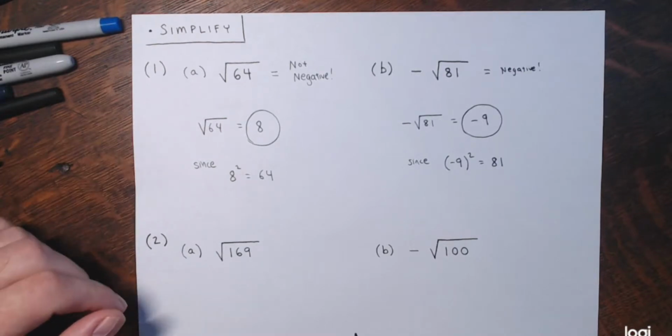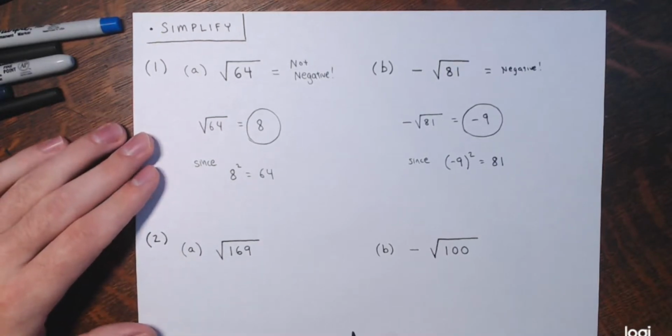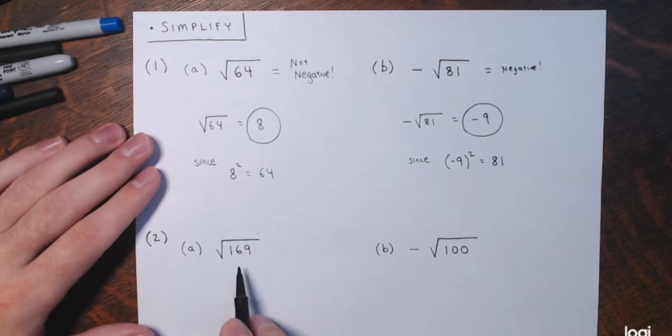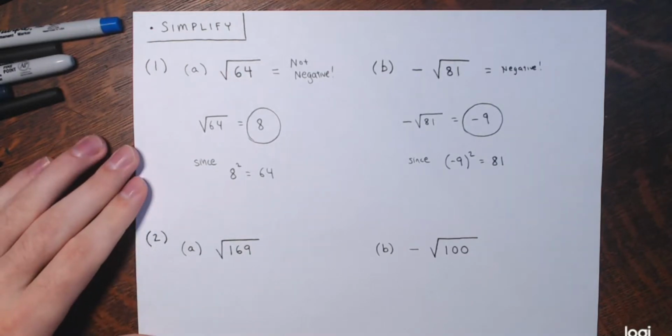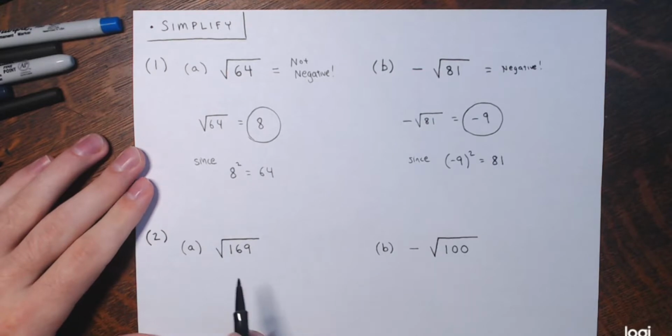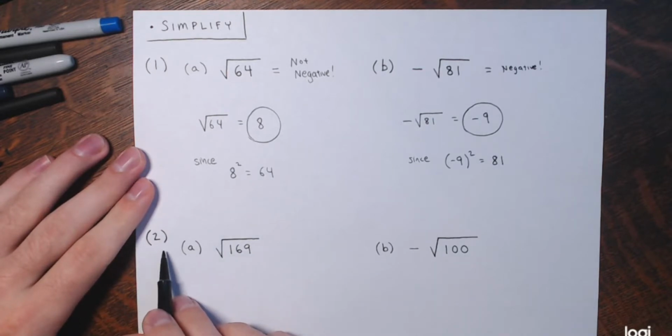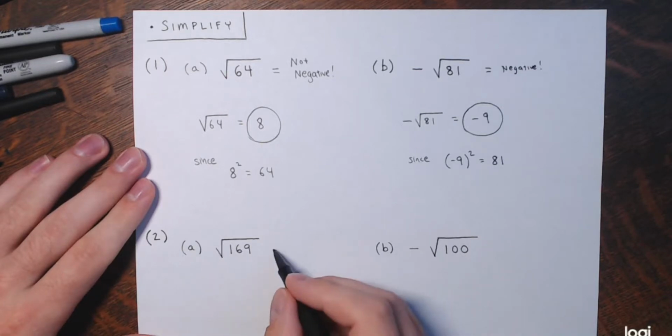Okay, so easy enough, I think. Now, obviously, with larger numbers, you're going to have to know some squares, some cubes, some fourth powers, fifth powers. But I leave it to you to figure those out. So example 2. Part A, again, this is the positive square root, the result should be positive, of 169.